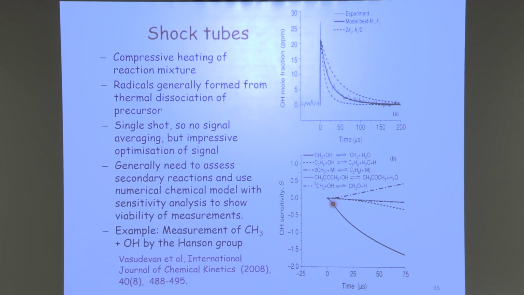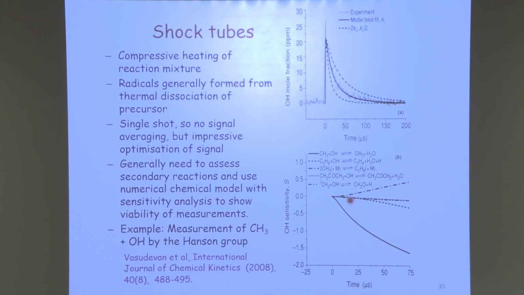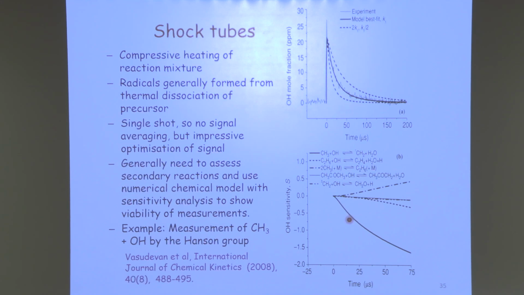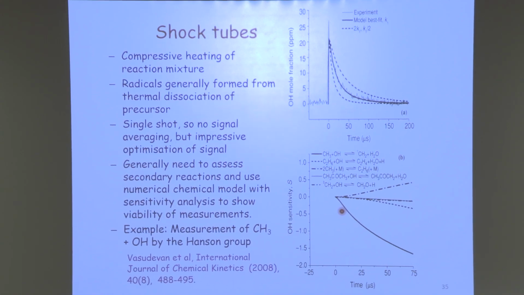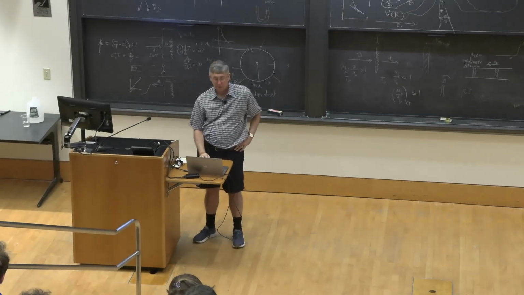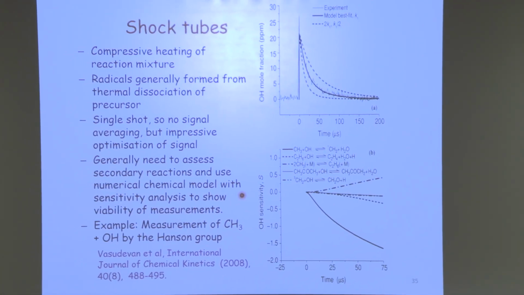And it's most sensitive to the one that they wanted to measure, but it also has some sensitivity to the others. And very commonly, at early times, you're most sensitive to the one reaction and not the others. So you might try to make all your data measurements very quickly before side reactions can happen significantly. But it's a bit of a project to do this.